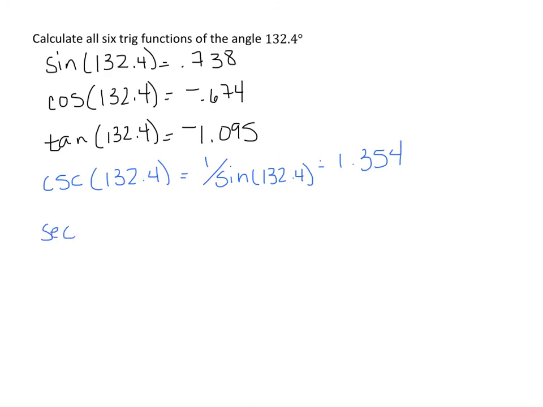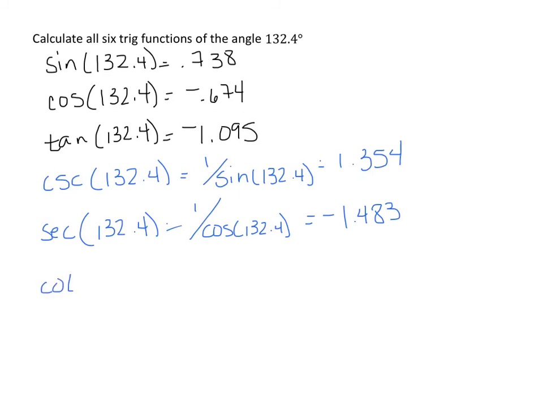Secant means 1 over the cosine of 132.4. And cotangent means I'll take 1 over the tangent.